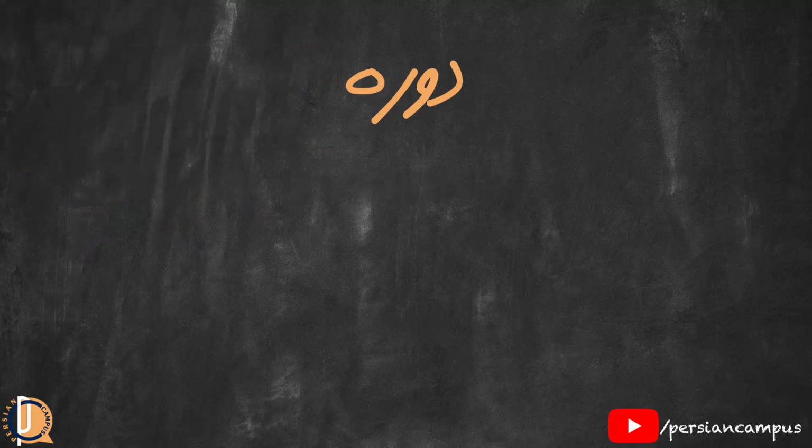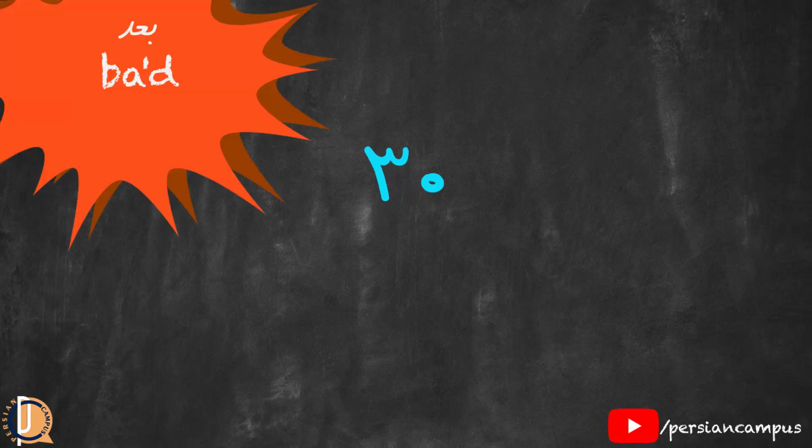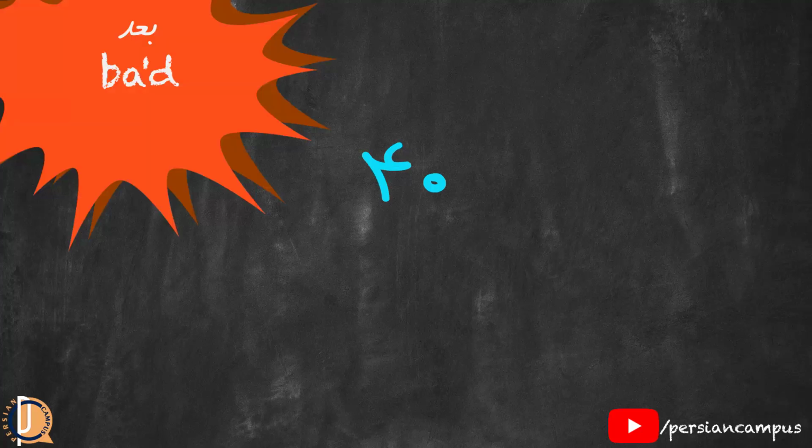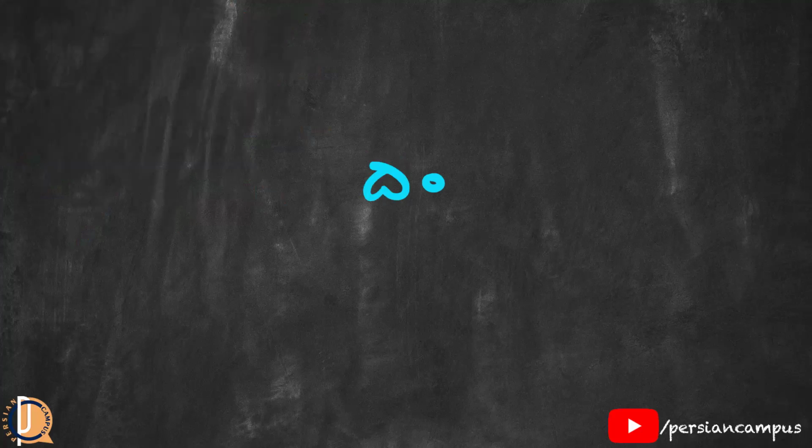Let us have a revision on numbers 10 by 10. The first one is 10. 20. Then 30. Then 40, 50, 60, 70.